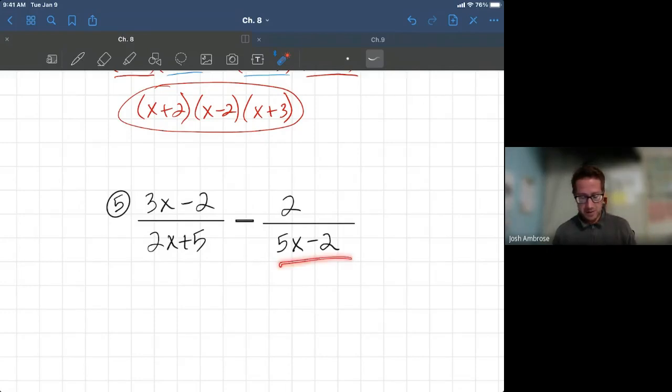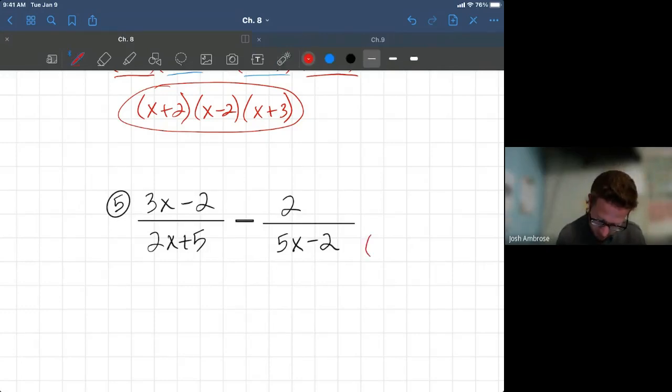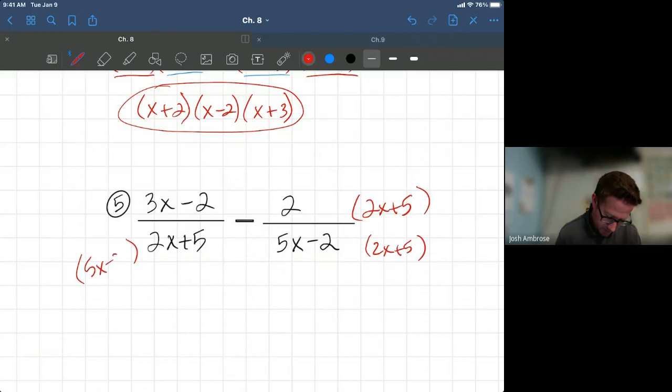So we have to immediately jump into multiplying both sides by the opposing side's denominator. We're going to multiply top and bottom here by 2x plus 5, and we're going to multiply the top and bottom over here by the 5x minus 2.